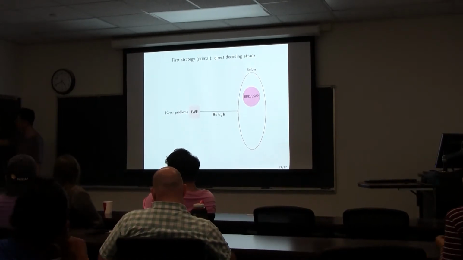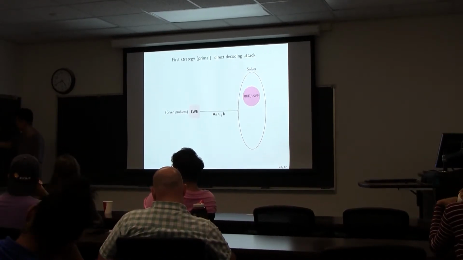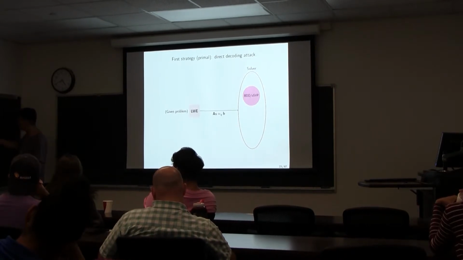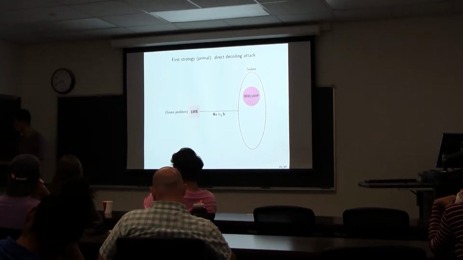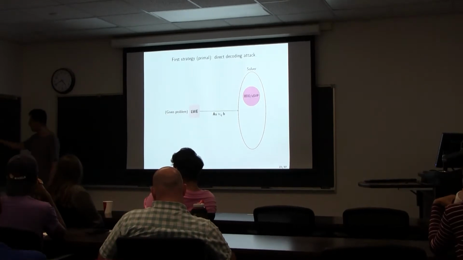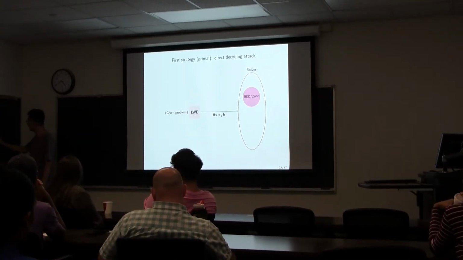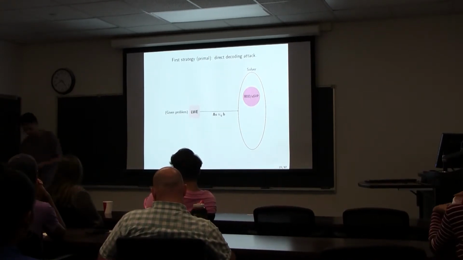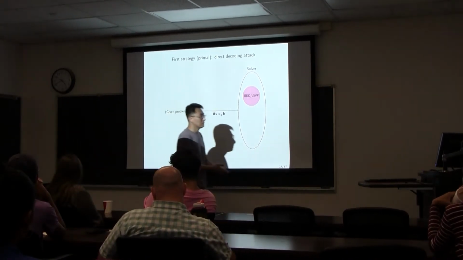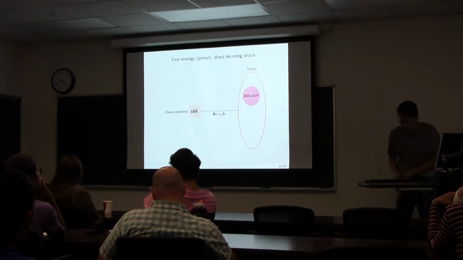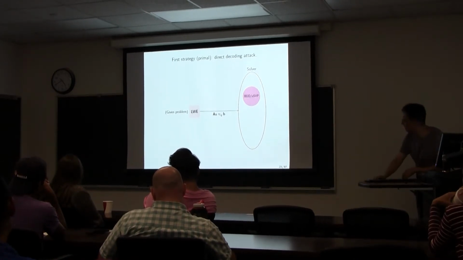So B is approximately AS up to Q. Essentially, B is approximately AS plus Z times Q, where Z is some integer vector.